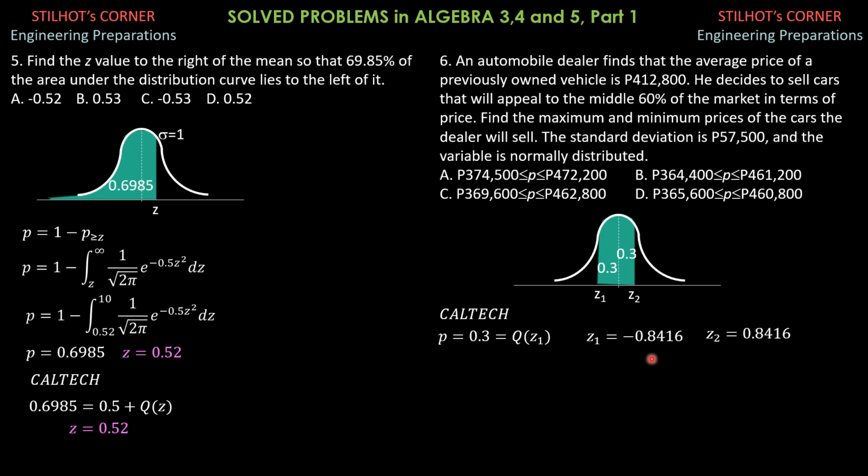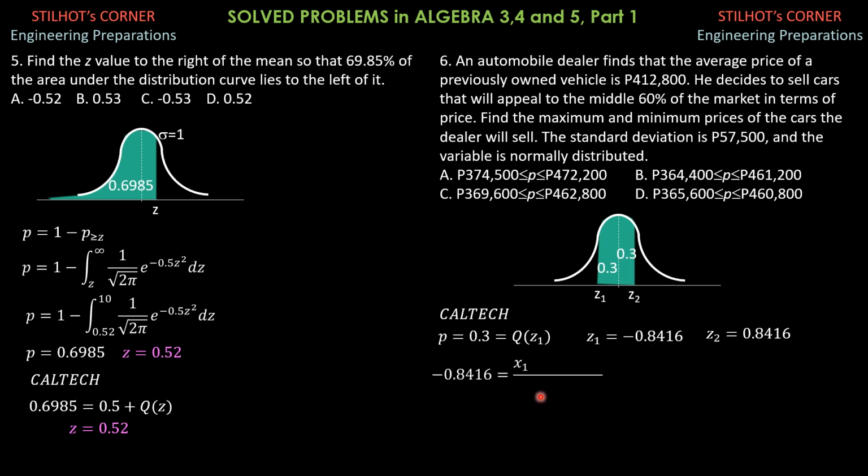Since the z-score is the item, the price, minus the mean price all over standard deviation, we equate it to that formula.